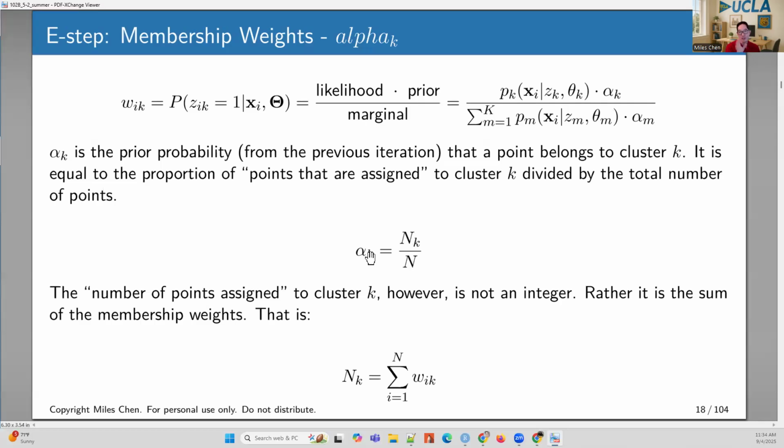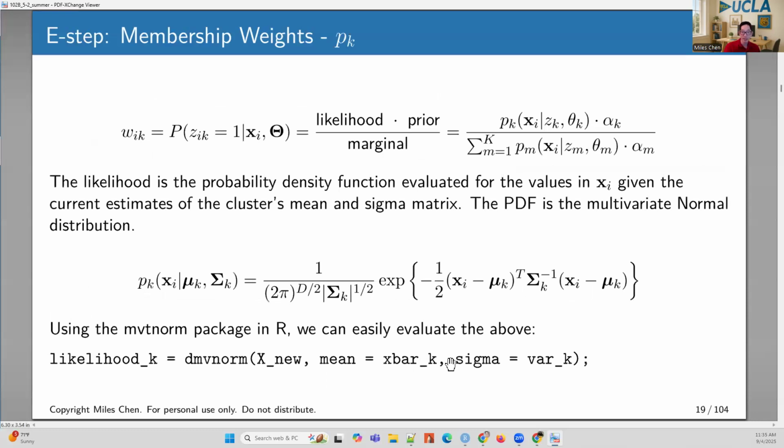So we're not saying these 5 points were assigned to cluster 1. It's more like we add up the weights. So perhaps the first point is 90% membership in cluster 1, and the second point is 30% membership in cluster 1. When you add those up, cluster 1 has 1.2 points, right? 90% plus 30%, 1.2. So this quote-unquote number of points, this n sub k, is going to be the sum of the different weights. And that's how we get our prior probabilities.